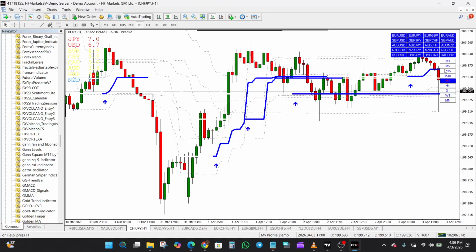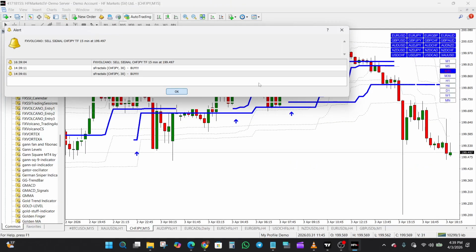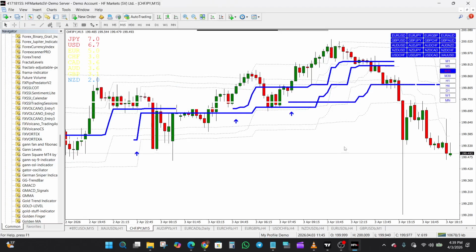You can quickly switch your time frames, and you can see that we also get pop-up signals telling us to buy or to sell. So the system paints arrows on the charts telling us when to buy or when to sell, and then we can also see these lines that are serving as dynamic support and resistance levels.